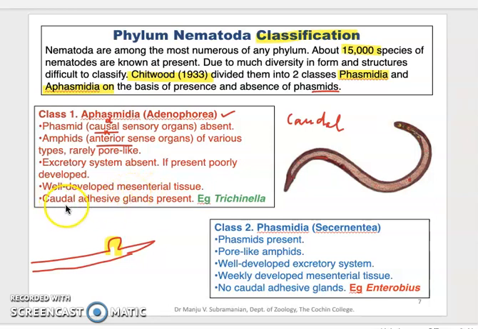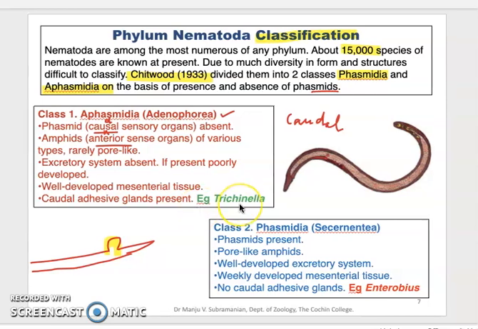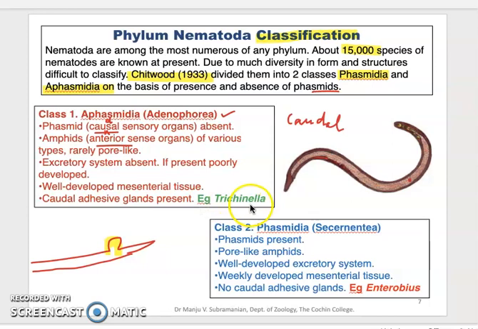Caudal adhesive glands are also present, since they are parasites and have to get attached to certain structures. A good example for this Aphasmida is the Trichinella worm. Trichinella spiralis is a good example for this Aphasmida.